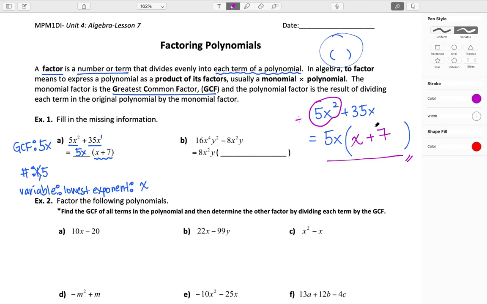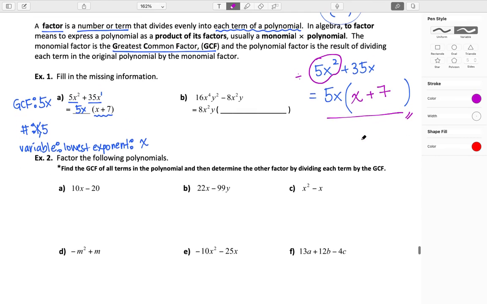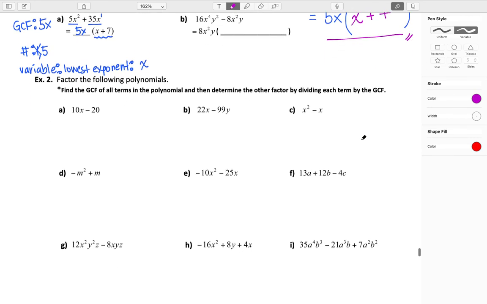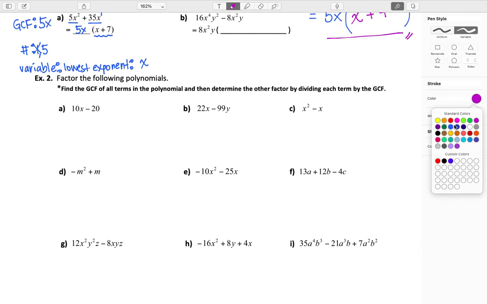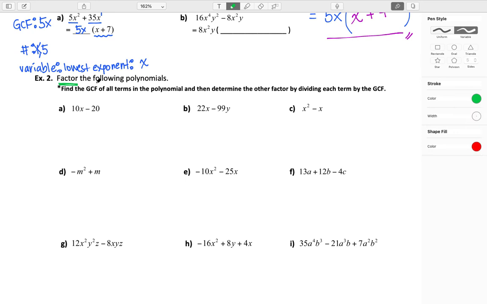So I know it's going to take some practice. So let's do some practice questions, number 2a. When the question says factor, always start with the greatest common factor, and we are going to divide each term by the greatest common factor. In this case, for the greatest common factor for the number, it looks like it's 5.